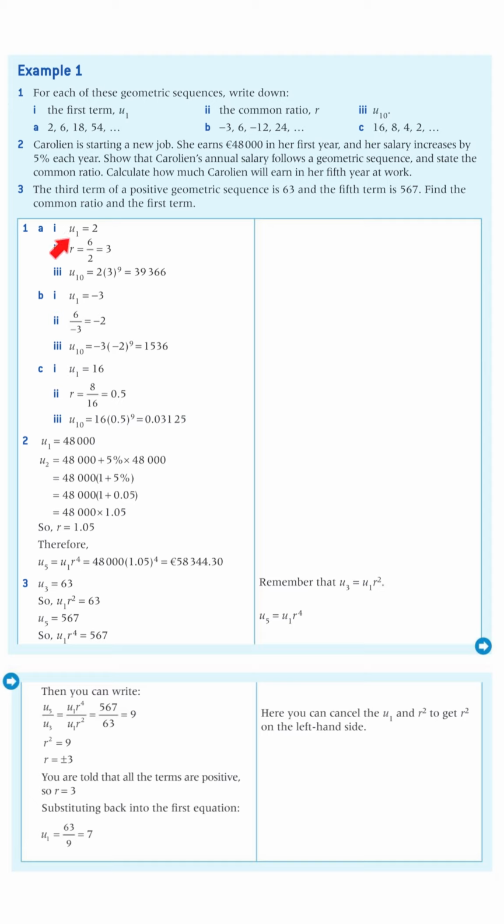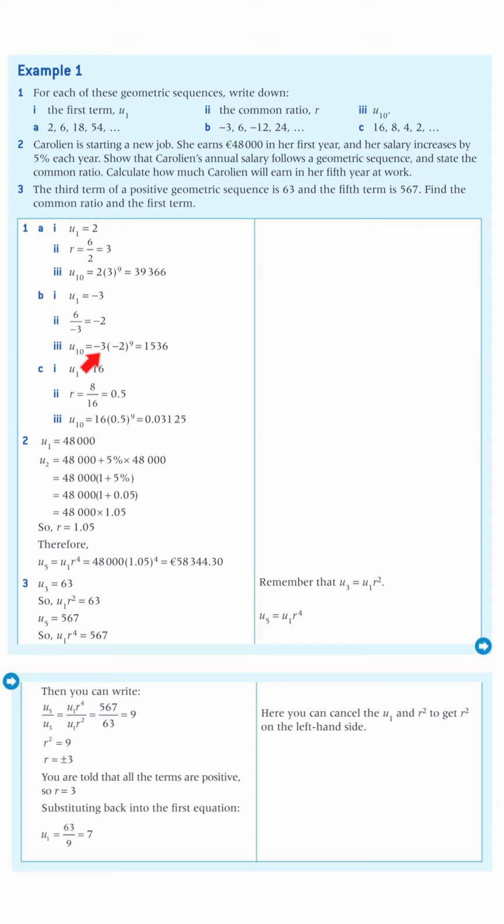Well, if we know the first term and we know R, we can use the formula for finding out the 10th term. Okay, so for example here, it is U1, which is 2, times R to the power of n minus 1. Okay, so 10 minus 1 is 9, R is 3, and U1 is 2.